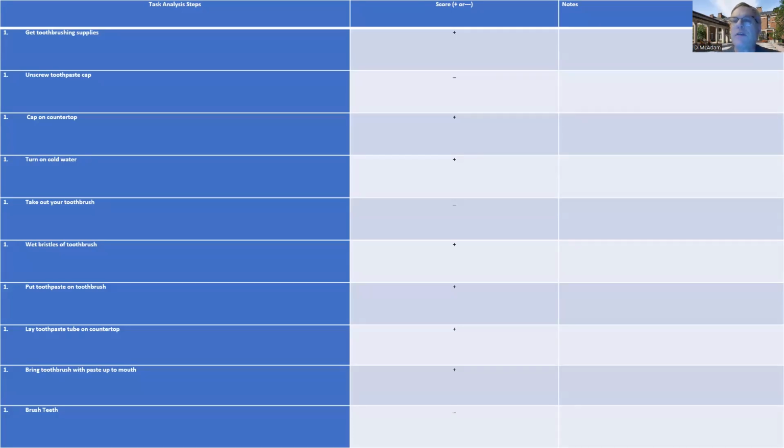So a plus if the student did it independently and 100% correctly. And then you make notes. And it would be particularly important to know any patterns and errors on the student's part that you observe to help with future instructional sessions.